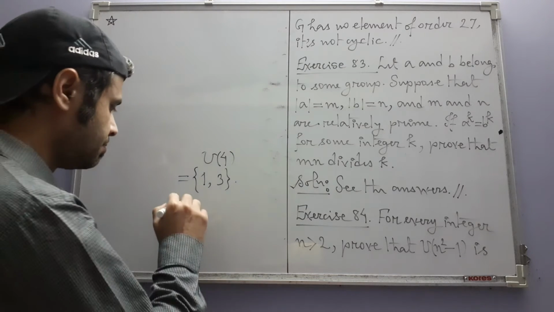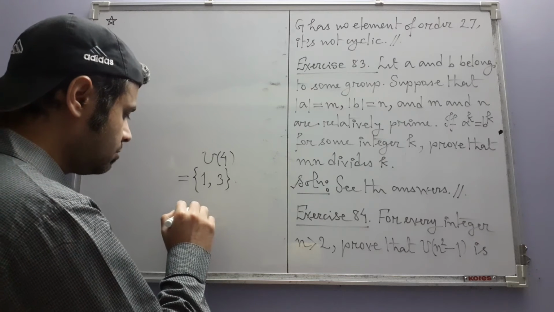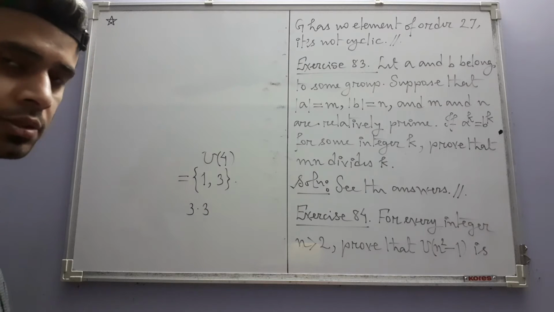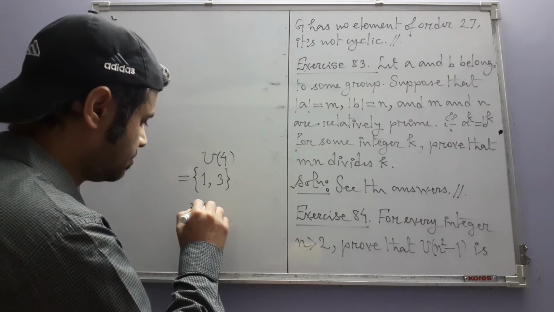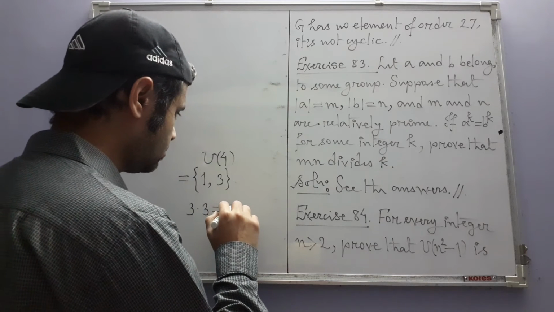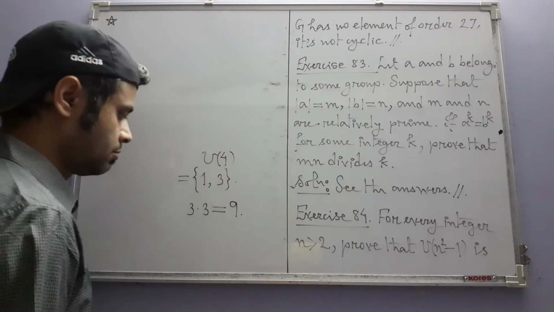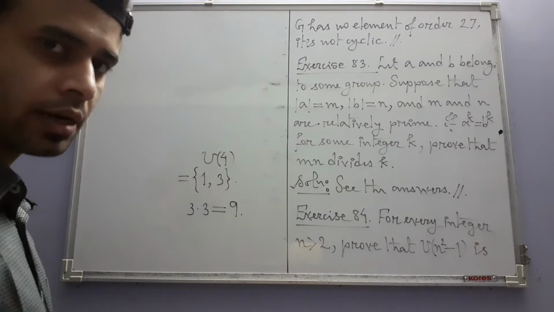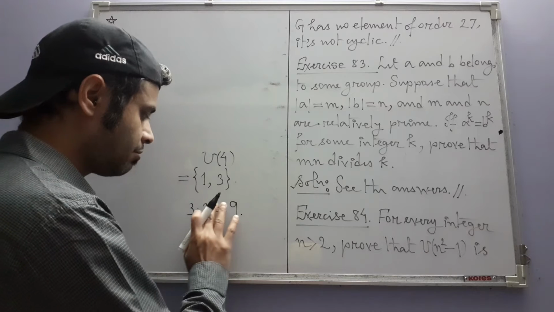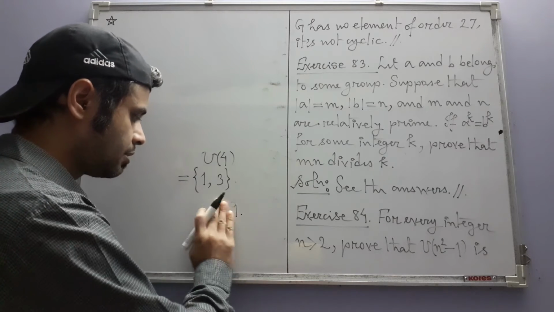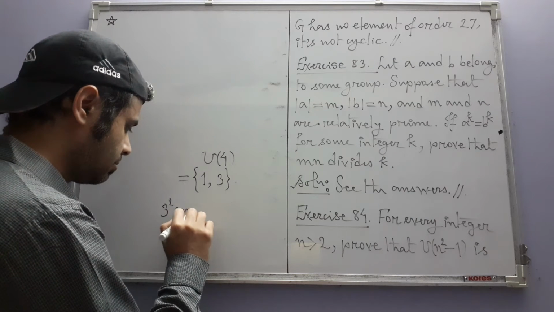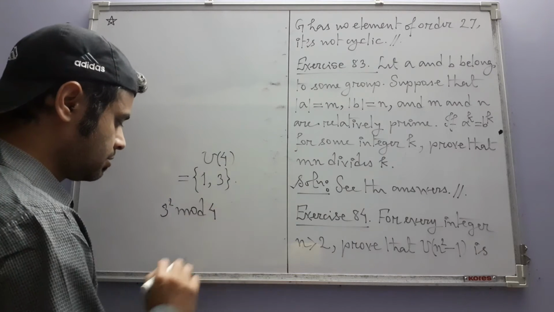For example, if you take the product of these two elements 3 and 3 itself, then what do you get? 3 square is 9, but modulo 4, actually we have to find the answer modulo 4, so I should ideally write this.